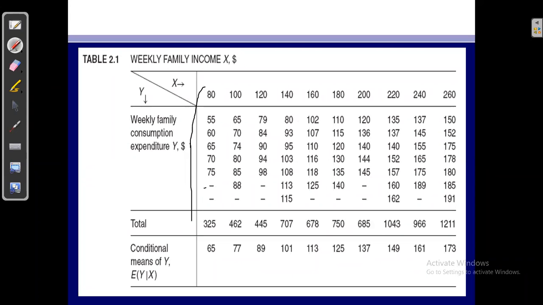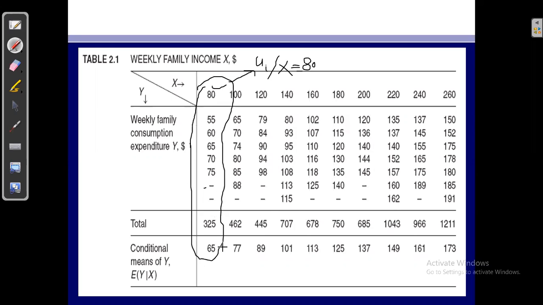corresponding to x equal to 80, if I want to get the disturbance term values, ui, given x equal to 80, how can I get them?